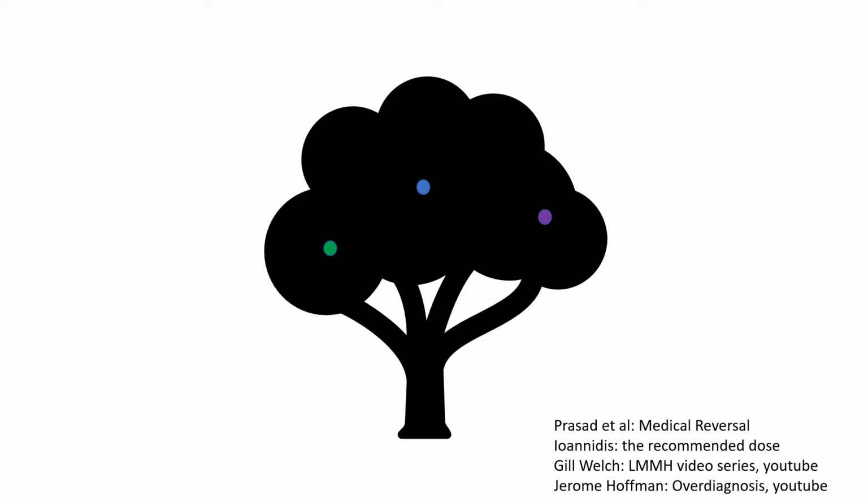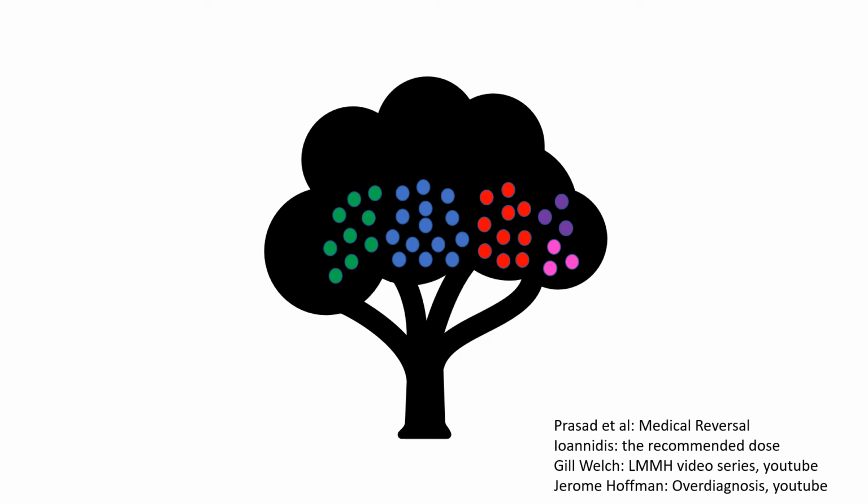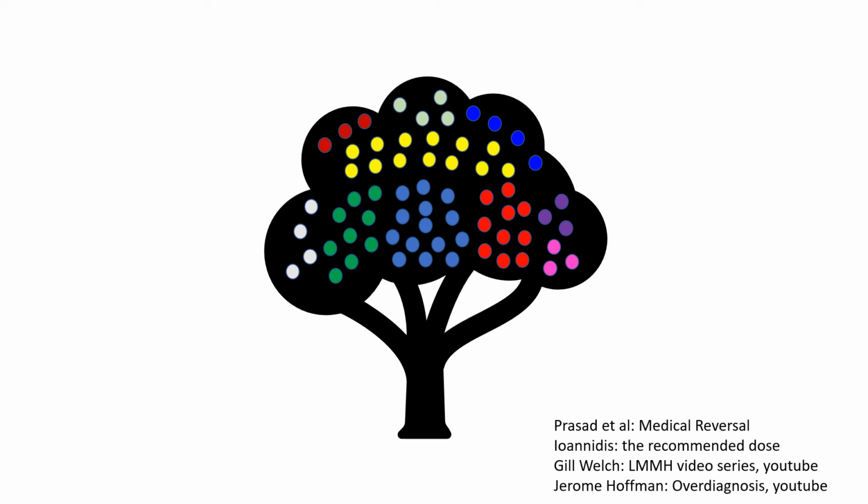One of the points from Ioannidis is that when we get more and more specific evidence in more and more of the branch specialties, and branch specialties of the branch specialties, then at some point this becomes enormously expensive.